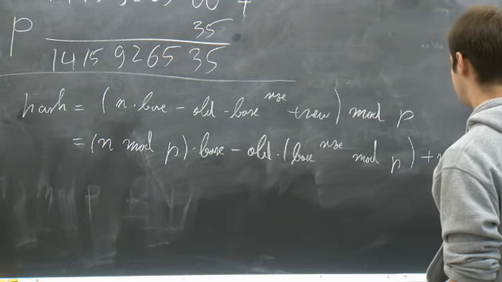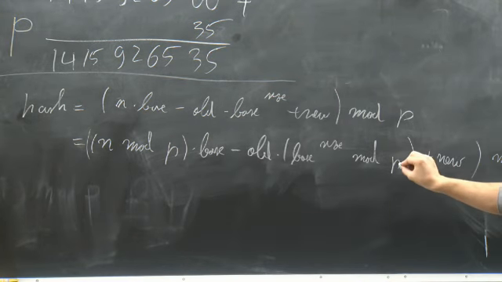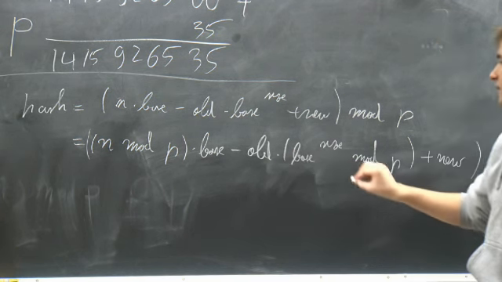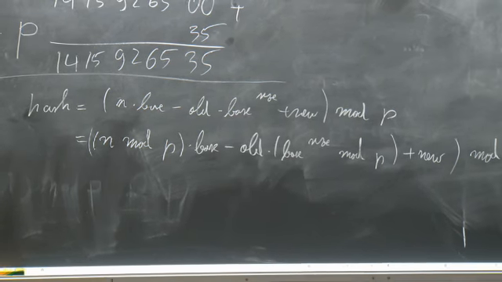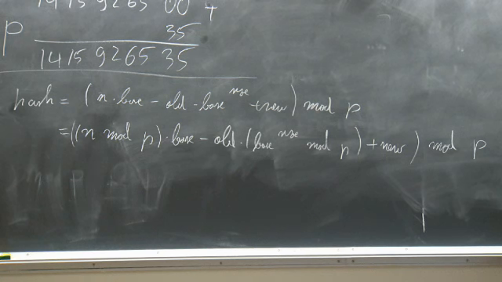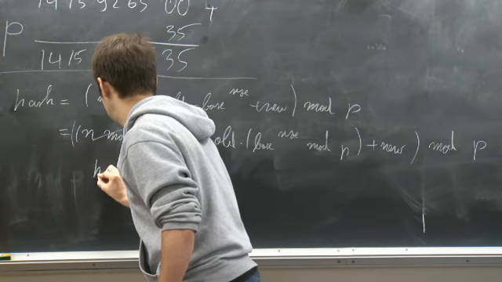Can someone tell me where I added the mod p? Why did I put it here and here? Isn't mod p the original, and mod p is hash. Good.